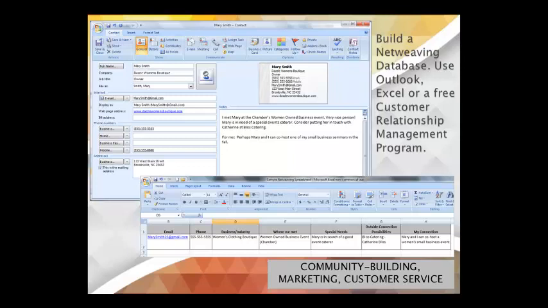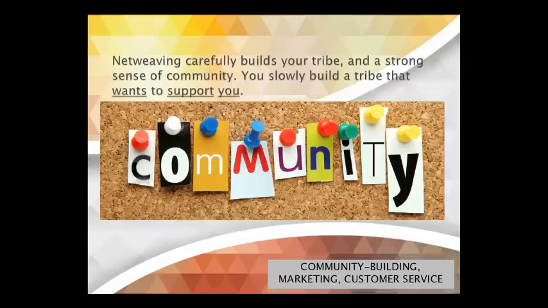I include all their contact information, I connect with them on their digital channels, and I take detailed notes. I'll type in what I learned about them, what their greatest needs are at this moment, and I'll go through my contacts and see if there's anybody that I can introduce them to that might be able to help them. What you're doing is slowly building a wonderful community around your business.